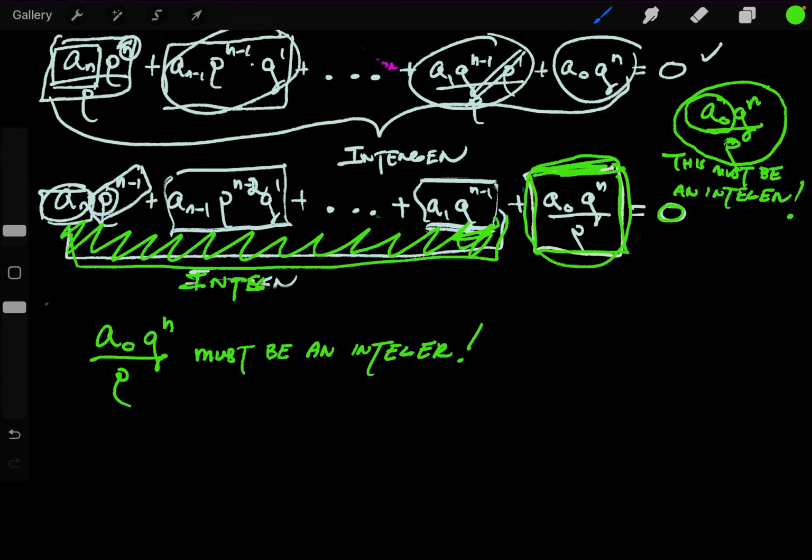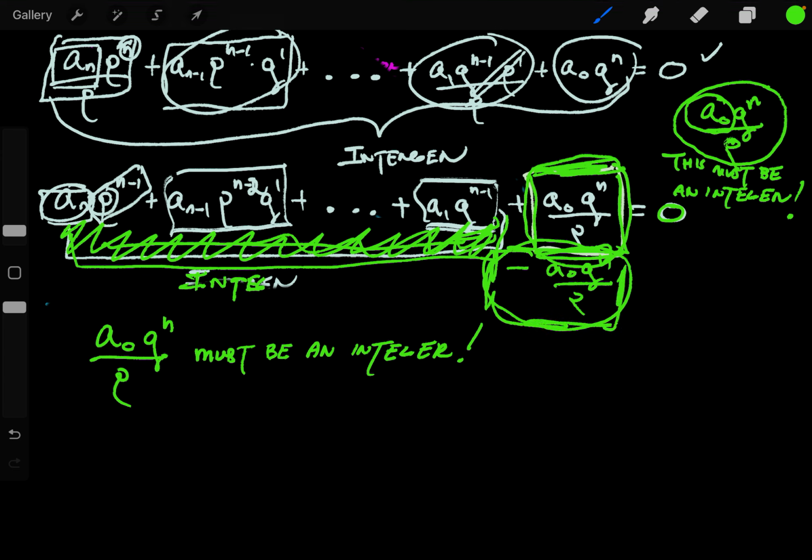And if I minus this onto the other side, then I'm going to get this whole thing is equal to this negative thing right here. And this whole thing is an integer. So that means that this thing to which it's equal must also be an integer. You can't have something be an integer and not an integer. So if I minus this on the other side, I'd have this minus q to the n over p. So that's a good argument saying that this must be an integer.